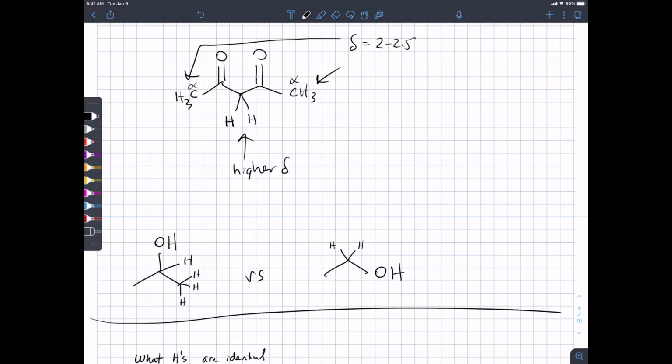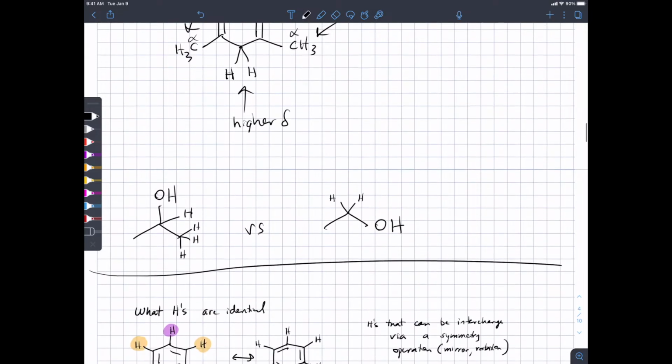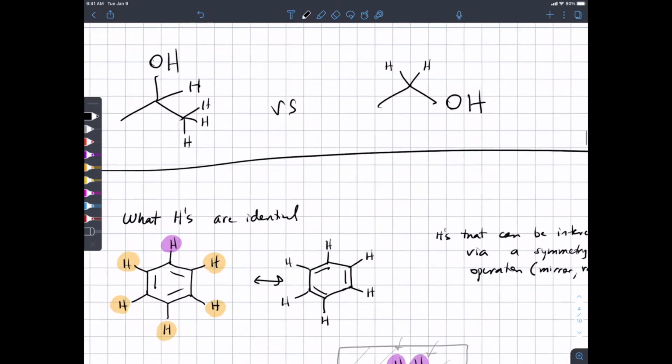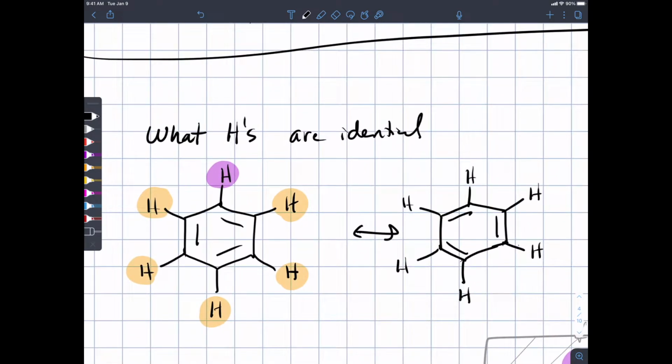So the tools you used in Chapter 5 for identifying stereocenters are going to apply here as you identify which protons are different. For example, in this benzene ring, there is only one kind of proton, because the purple proton is exchangeable with any of the orange protons by an element of symmetry. There's a mirror plane here.